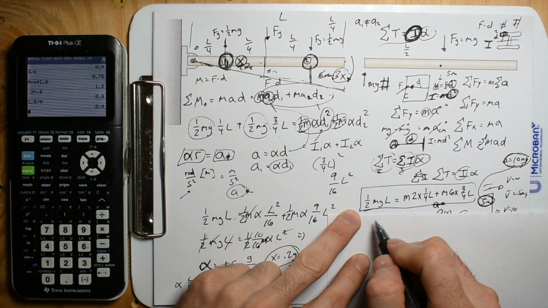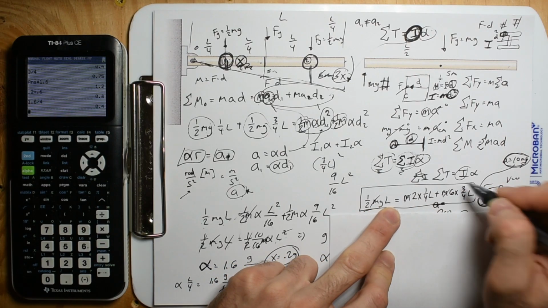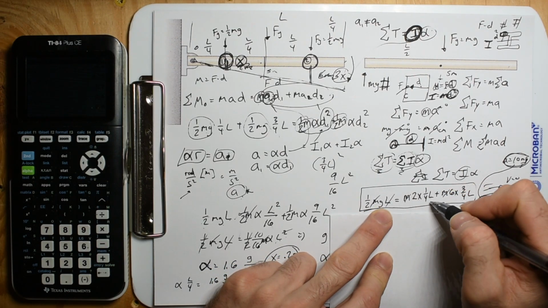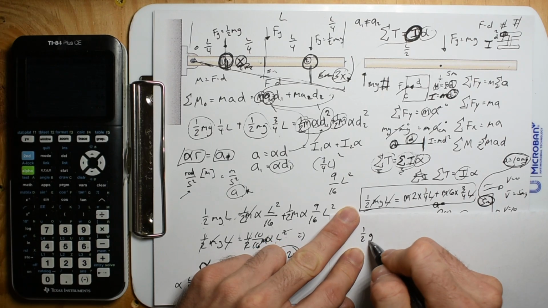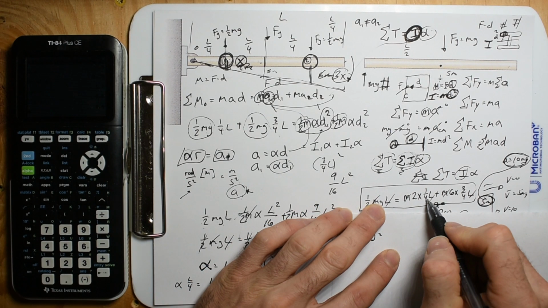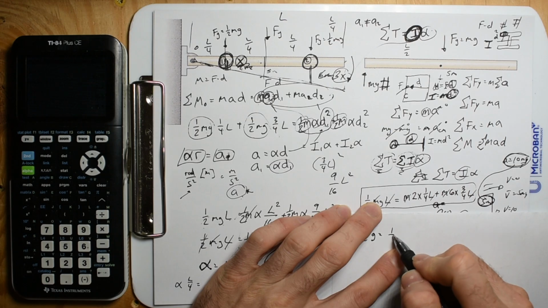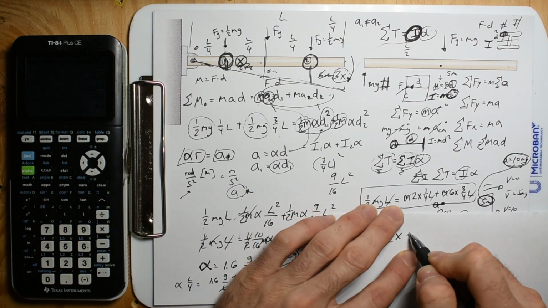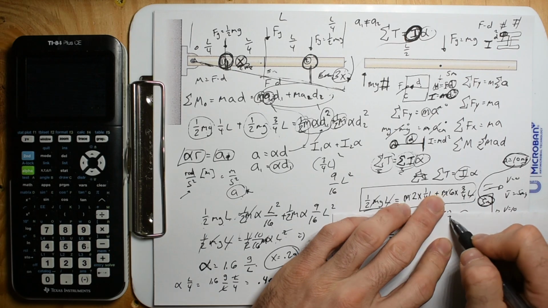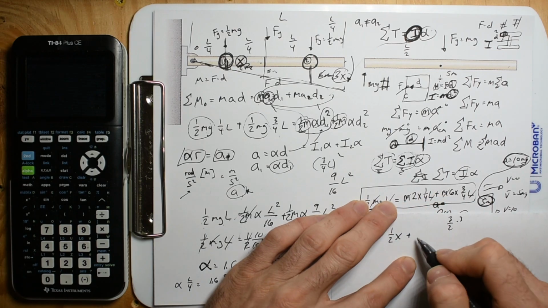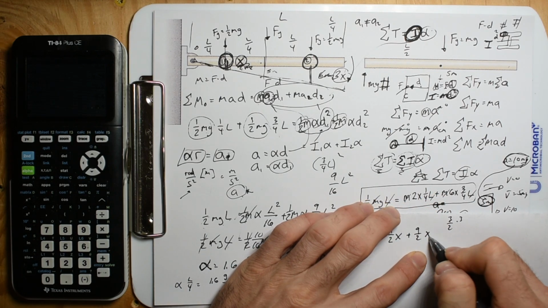So we can cancel out an m, we can cancel out an L, and we're going to have 1/2 g is equal to 1/2 x plus, and this is going to be 3/2 times 3, which is 9/2, plus 9/2 x.